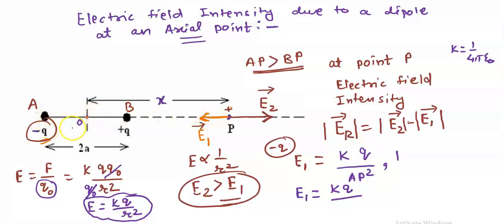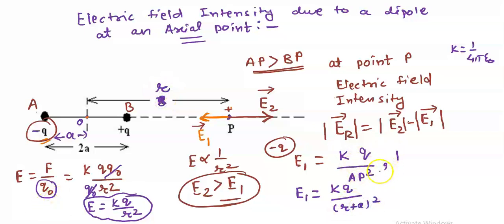This complete length is 2A and O is the midpoint, so this length will be A. So you can write A plus X, because we know that the distance from the center to this point is X. In some books they write it R, so if you want, you can take R also. So it will be R plus A whole square.